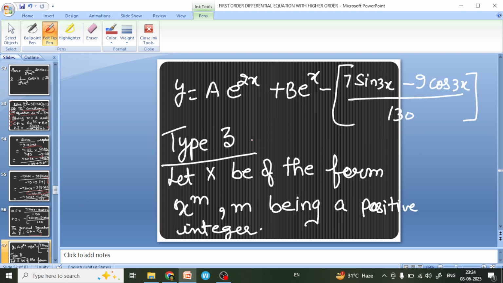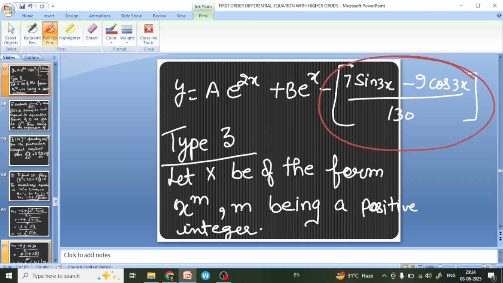That should be equal to a e raised to power 2x plus b e raised to power x, plus this value of PI. According to type 3, let X be of the form x raised to power m, m being a positive integer. You should keep in mind m will be a positive integer.